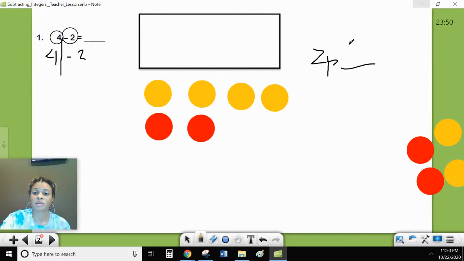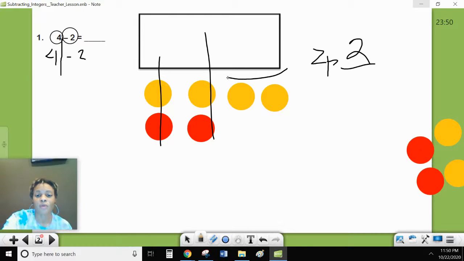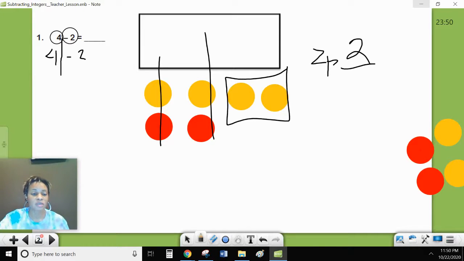I see 2. So once you identify them, you want to remove them. So I'm going to get rid of this one and get rid of that one. What do we have left? So the combination of a positive 4 and the opposite of 2 gives us a positive 2. Okay? Simplify, verify, clarify what we have.